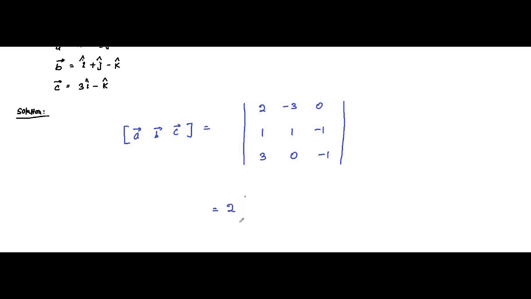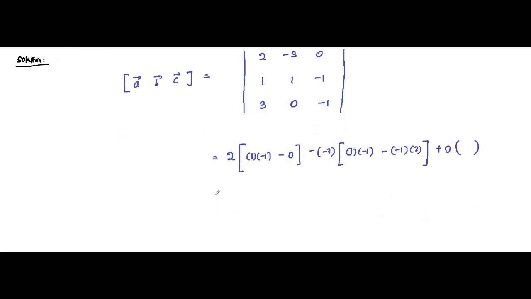So it will be 2 into (1 into minus 1 minus 0), minus of minus 3 into (1 into minus 1 minus minus 1 into 3), then plus 0 into whatever it becomes, it will be 0. So 2, minus 3, 0, in that way I am taking.